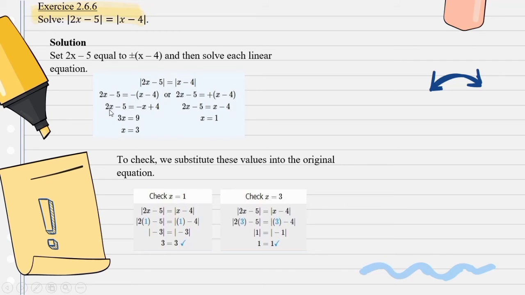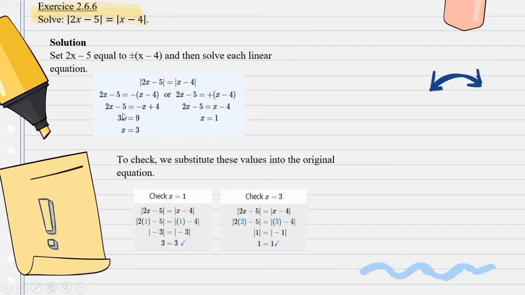After that, 2x minus x. After that, you must add x on both sides.